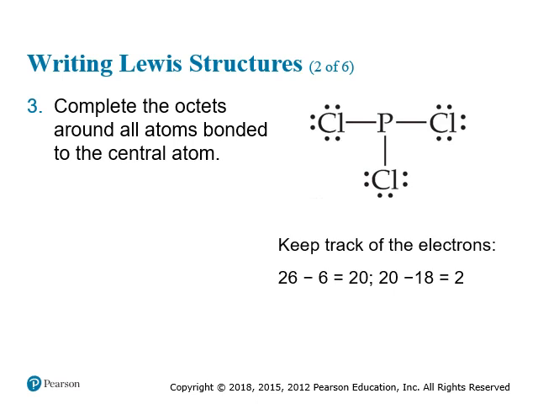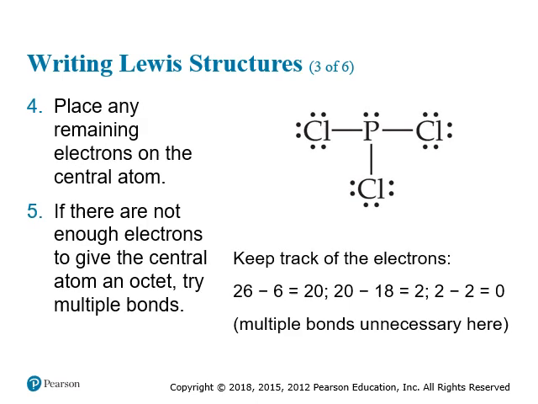In order to complete the octet around chlorine, we need to add 6 electrons per atom of chlorine. Now, since we've got 20 of them to dole out, by placing 6 electrons on each chlorine, we now have only 2 electrons remaining. Any remaining electrons need to be placed on the central atom. So we place those last 2 electrons on our phosphorus.